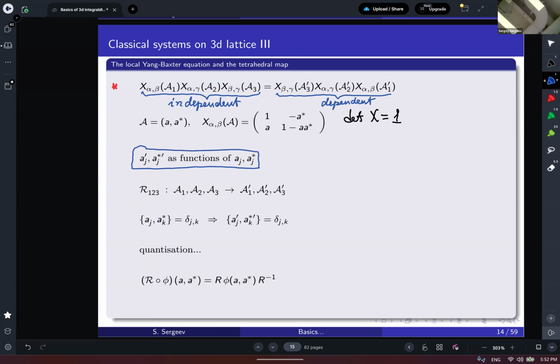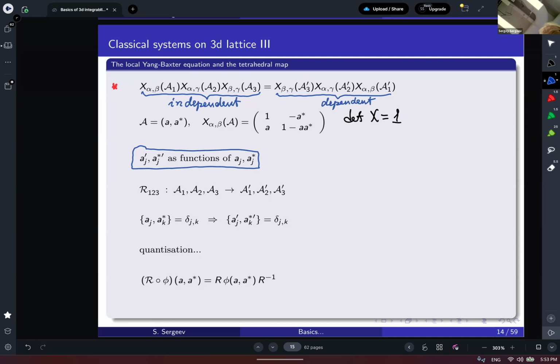Primed A 1, 2, 3, A star 1, 2, 3 as a function of A and A star. I don't give explicit formulas here. I think they are just misleading, some rational combinations, but they exist. One can derive them in a few seconds, especially if you have Maple or Mathematica.